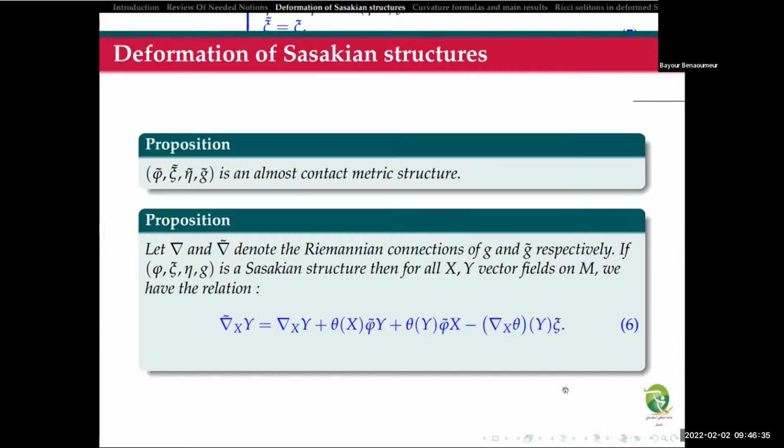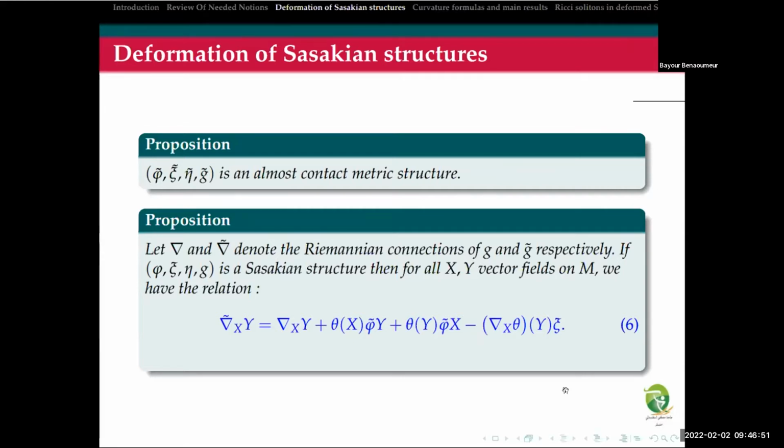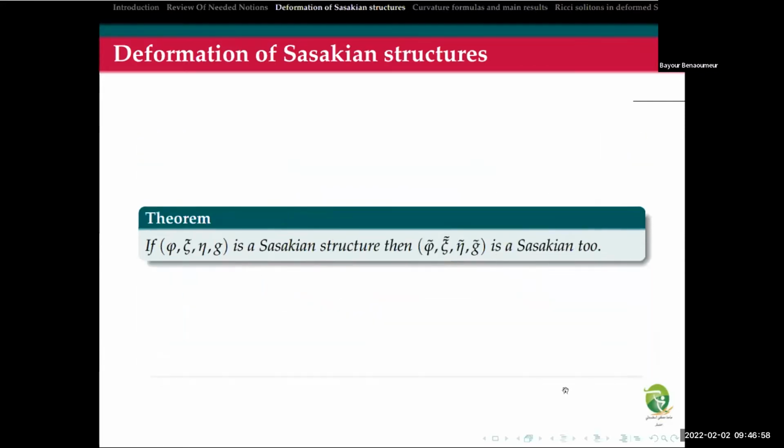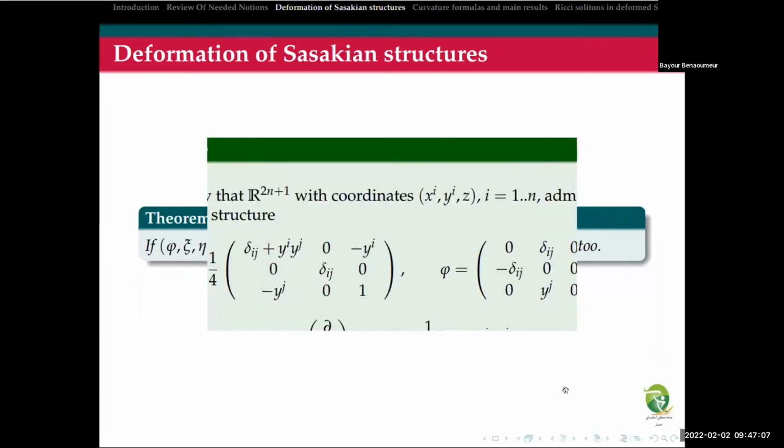The second presents the relation between nabla tilde and nabla, where nabla and nabla tilde denote the Riemannian connections of g and g tilde, respectively. Theorem: if phi, xi, eta, g is a Sasakian structure, then the new structure is Sasakian too.